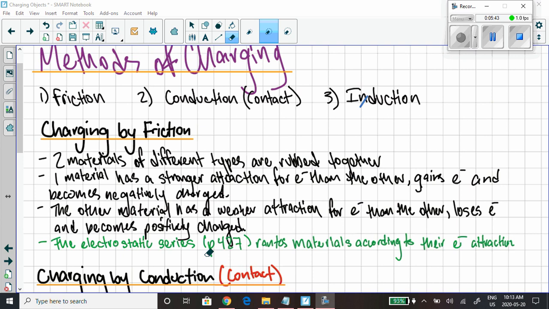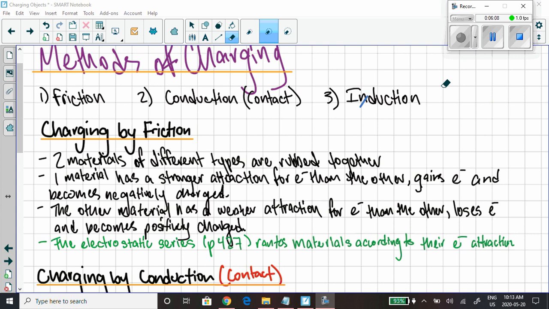Well, how do we know which material has a stronger attraction for electrons, which material has a weaker attraction for electrons? Well, on page 427 of our textbook, we can look that up and it rates materials.